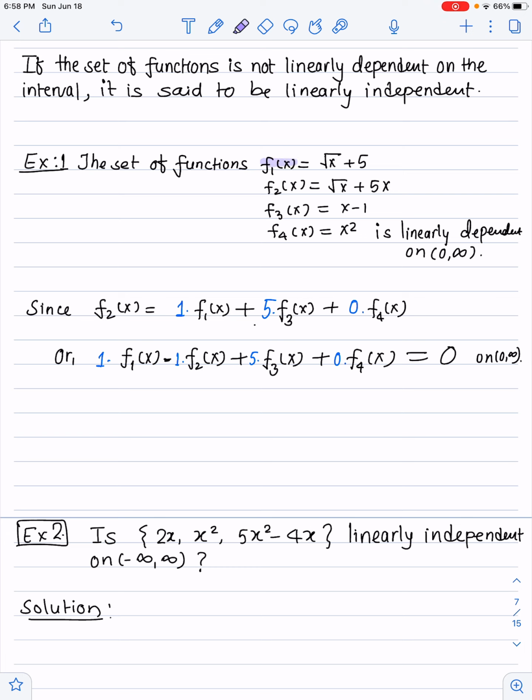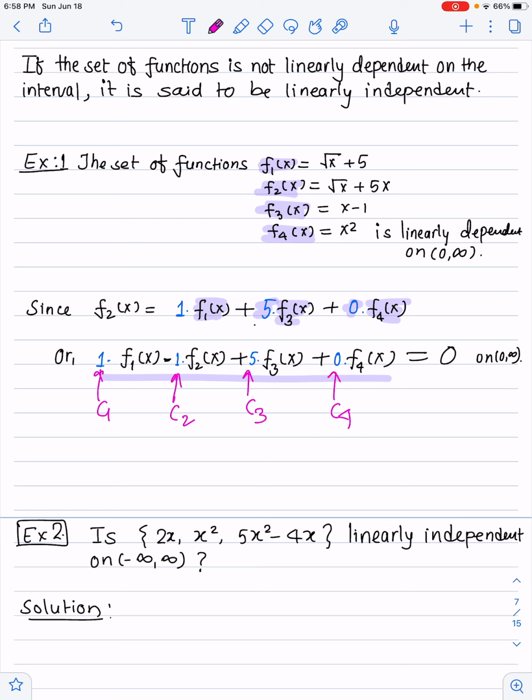Let's say that we have functions f1(x), f2(x), f3(x), and f4(x), which are defined as follows. And these are linearly dependent because you can see f2 can be expressed as follows: 1 times f1(x) plus 5 times f3(x) plus 0 times f4(x). Or we can subtract f2(x) from both sides, then we will get this relation. You can see this is my c1, this is my c2, this is my c3, and this is my c4.